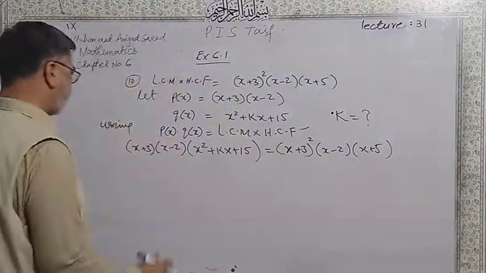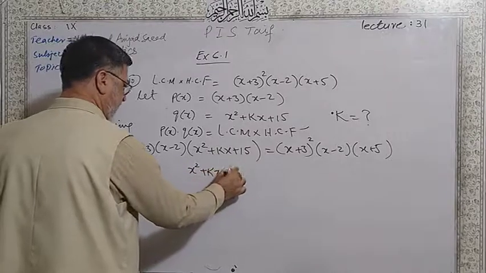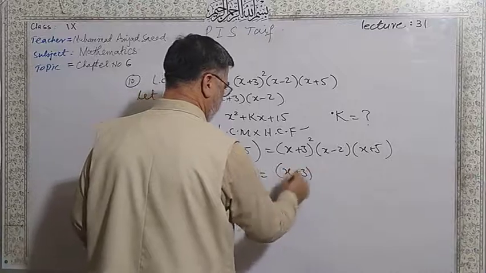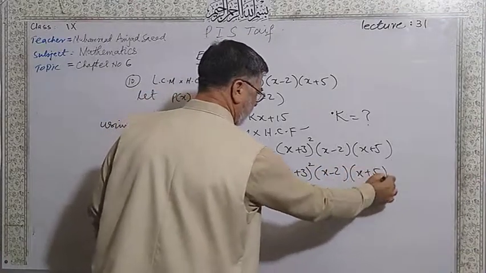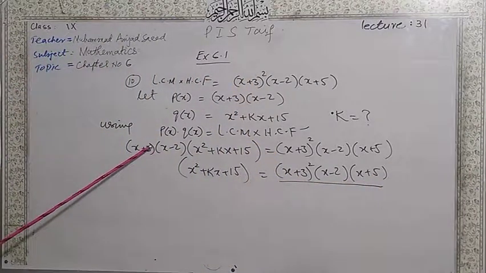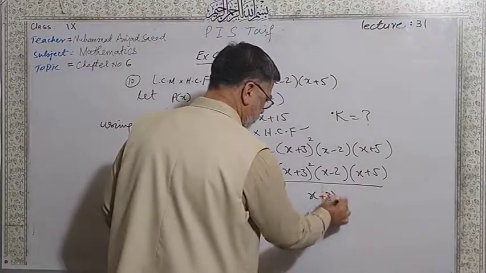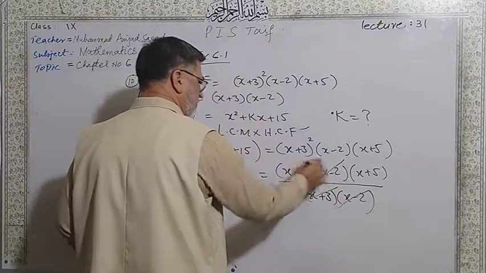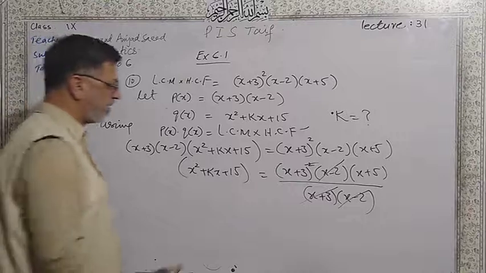So here we have x square plus kx plus 15 is equal to x plus 3 square, x minus 2 into x plus 5, divided by these two. On one side they are multiplied, on the other side they will be divided. So x plus 3 into x minus 2, you can cancel them. 1 power of x plus 3 is cancelled with that, 1 power left.